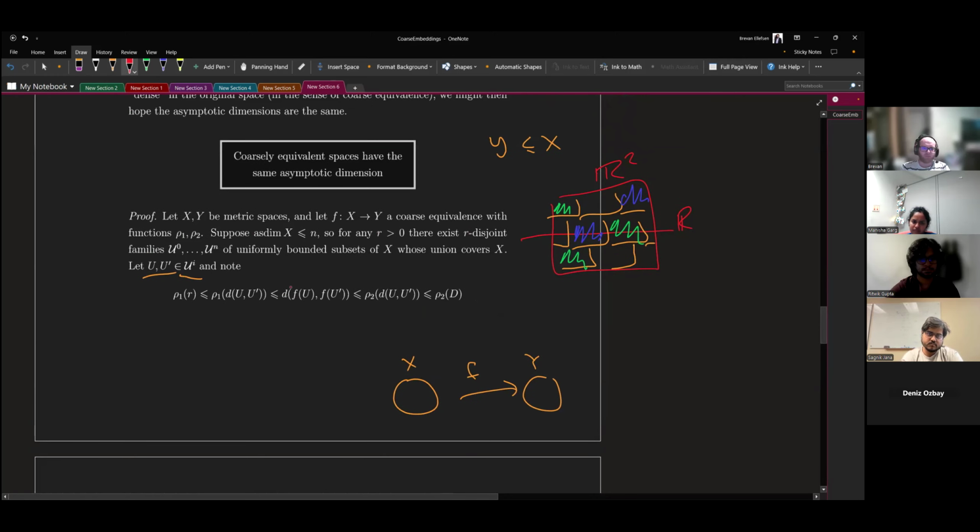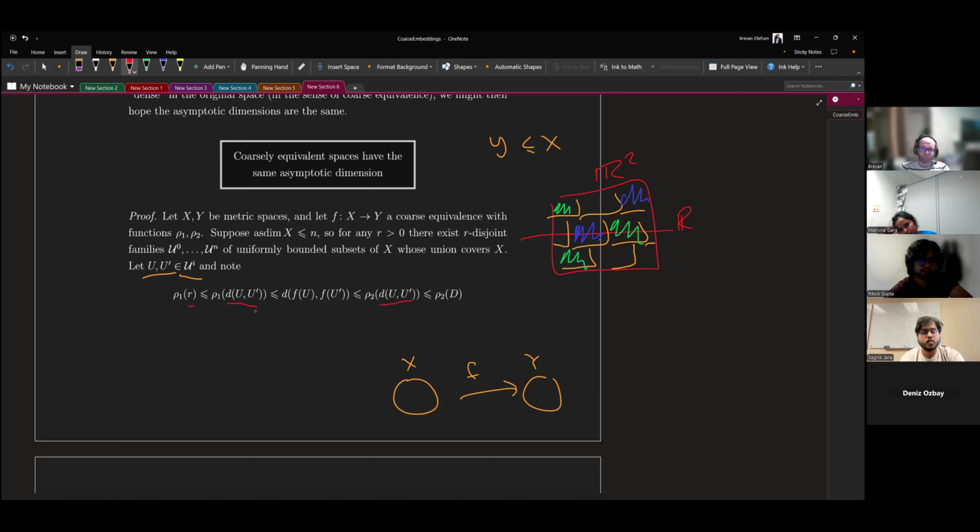We know that they are R-disjoint, so that means the distance between U and U prime is bigger than R. Rho 1 is distance non-decreasing, so it takes that strict inequality and turns it into a weak inequality. Up above, basically the exact same thing happens. We know the distance between these things is bounded by D. So it turns it into a weak inequality up above.